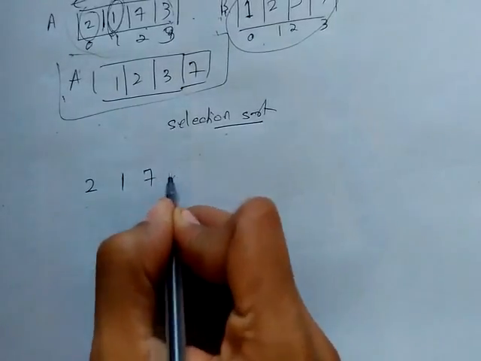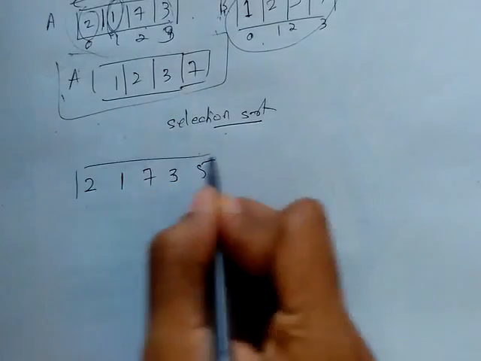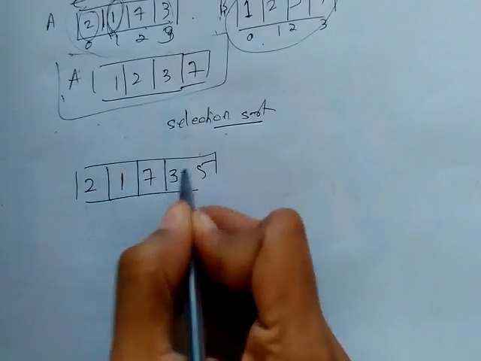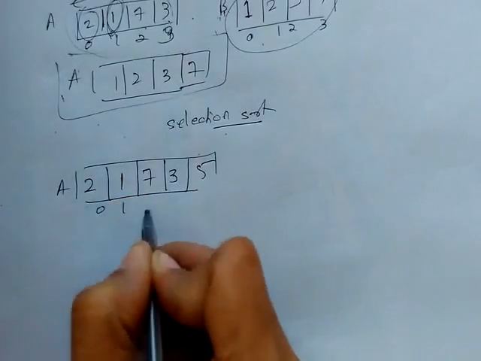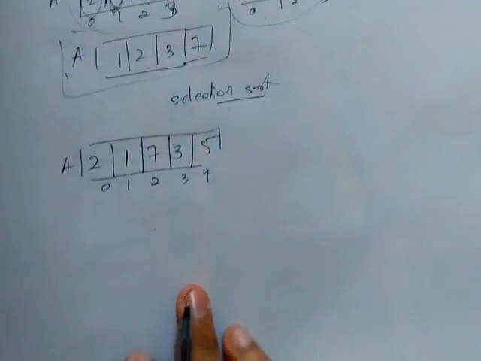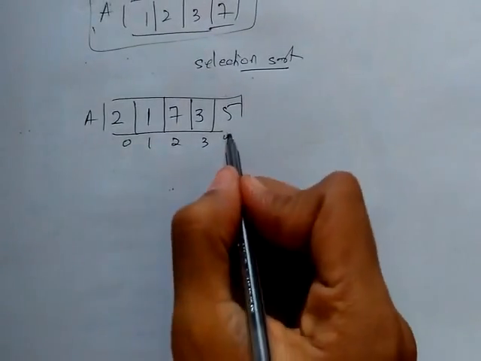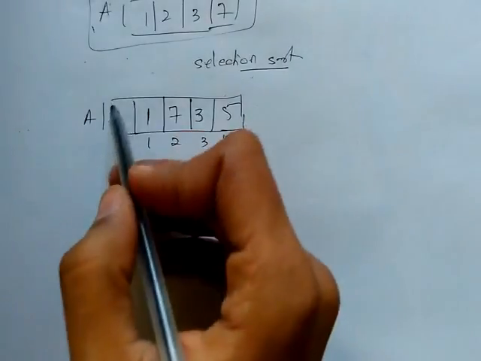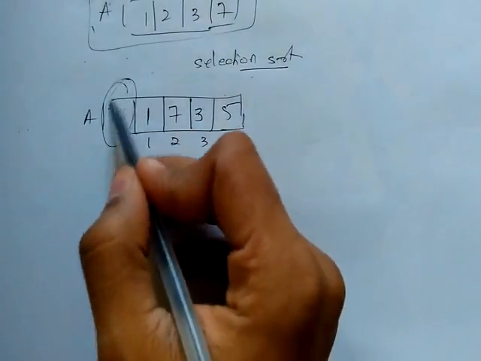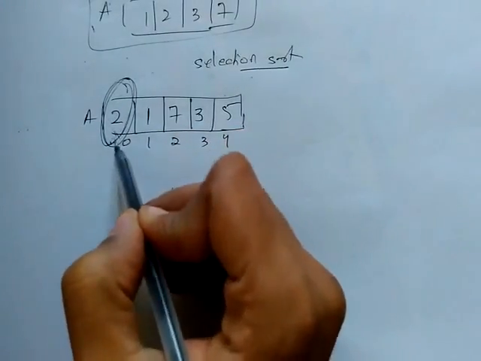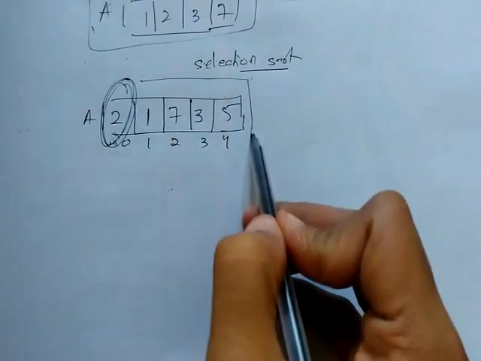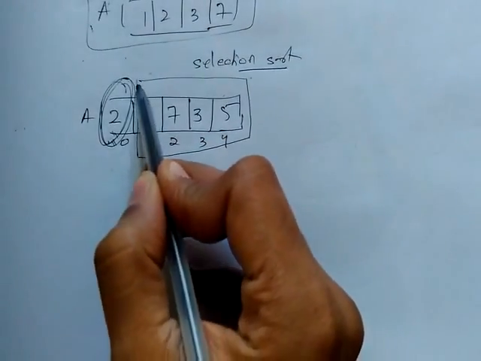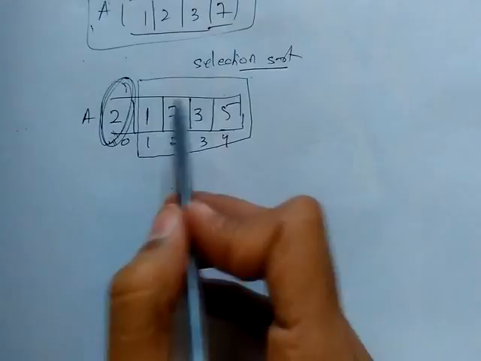Let's consider this array again, and I am introducing another element also. So A has indices 0, 1, 2, 3 and 4. Now it has 5 elements. Initially I will consider this element and this subarray.